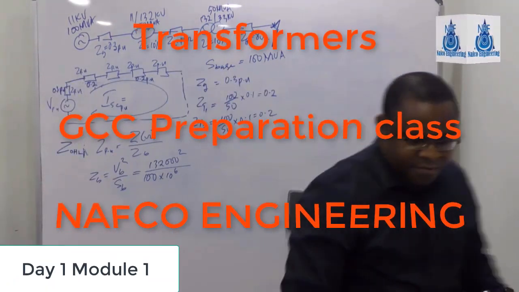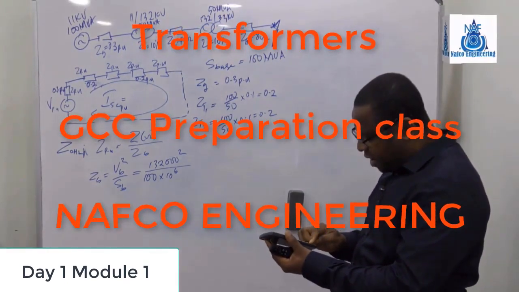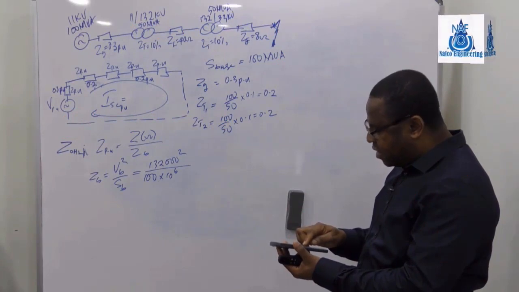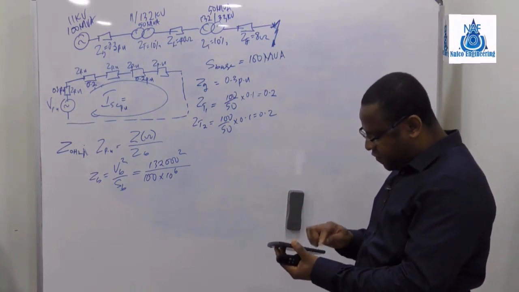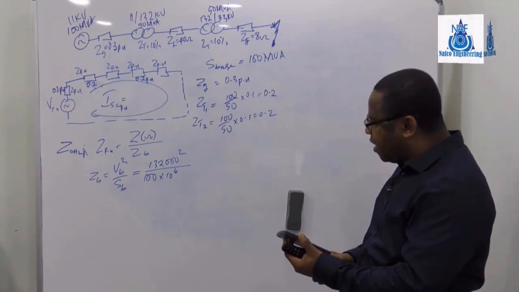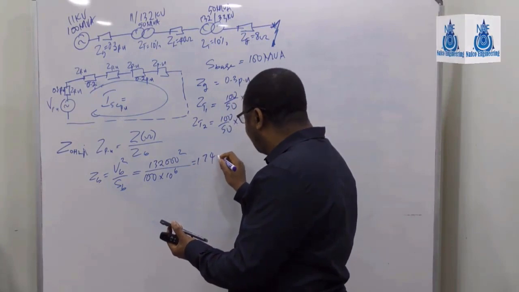All right, so now you just take that 132,000, then you square that, divide 100 raised to the power 6, that will give you about 174.24.